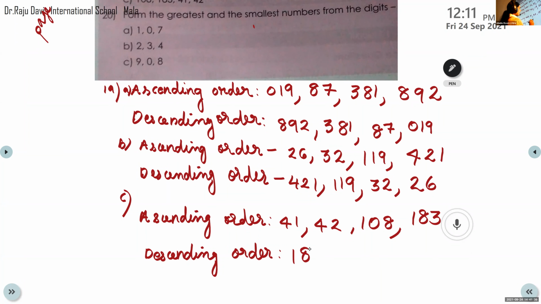You have to say 183. Then, after that, just say the reverse order of the ascending. Like the reverse order, after that, what do we have to write? 108. Okay.